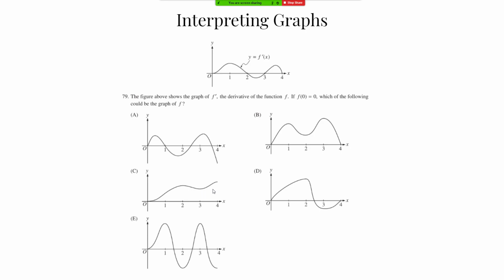You can see that at 4, it's starting to peak, and at 0, it's starting to be a minimum. But for this function, it's just increasing, and then it's just straight up increasing. So that's how we know that C is the right graph.